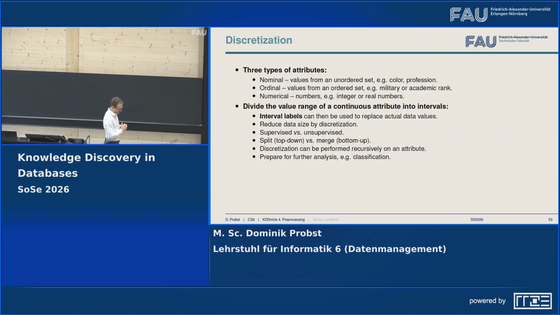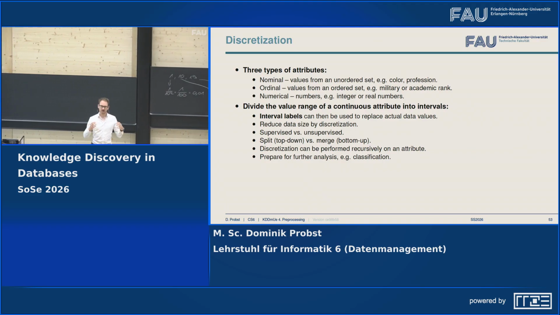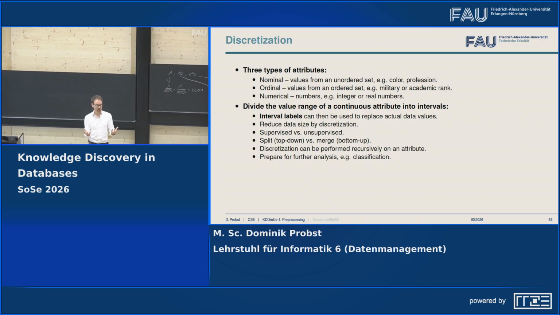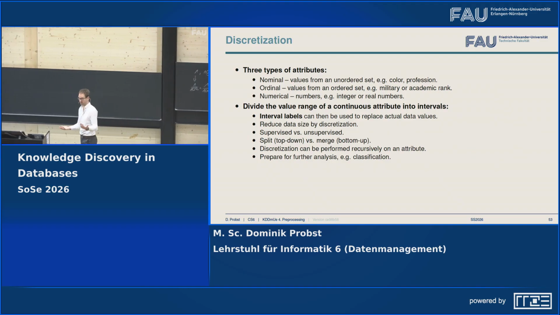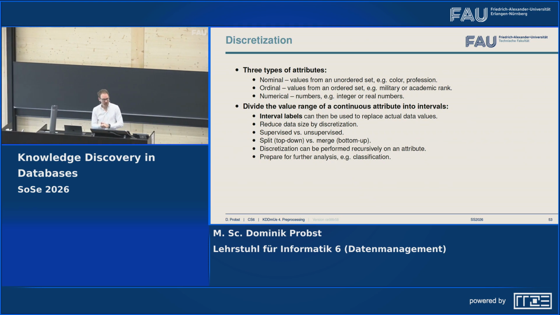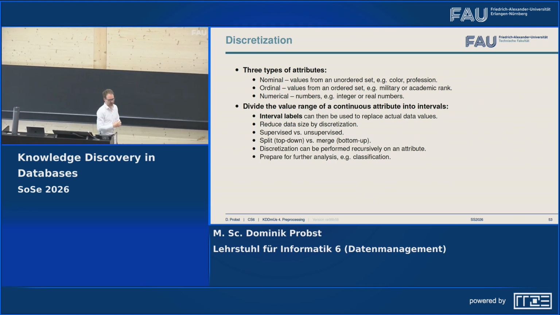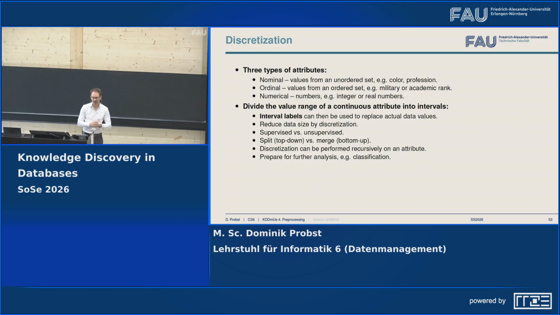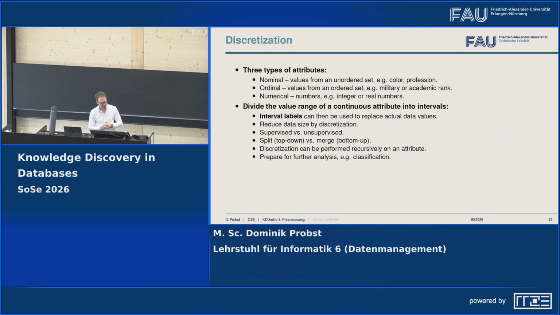We need discretization, especially if we don't have a given set of attribute values, but an infinite set of attribute values, and we want to end up with a discretized set of values. So not an infinite set anymore, but a definite set of values.